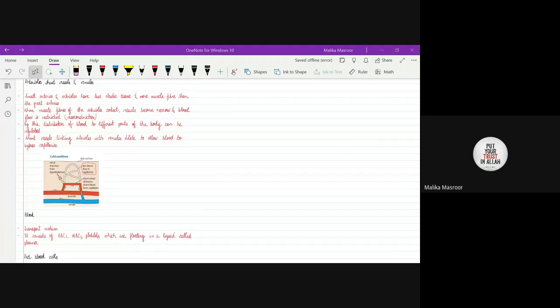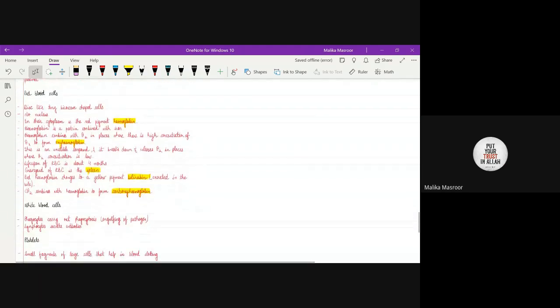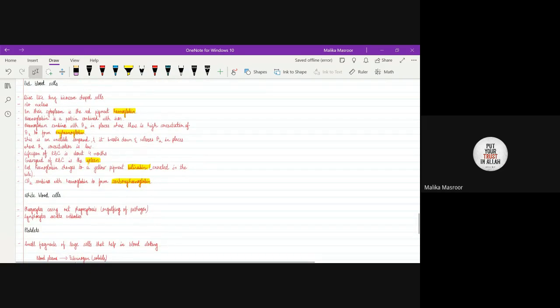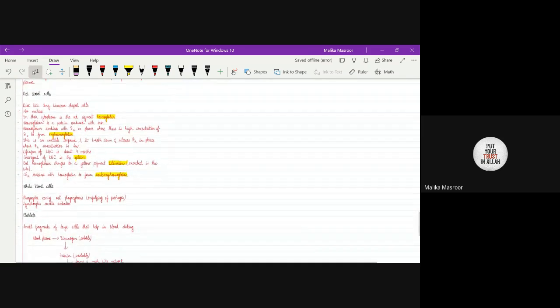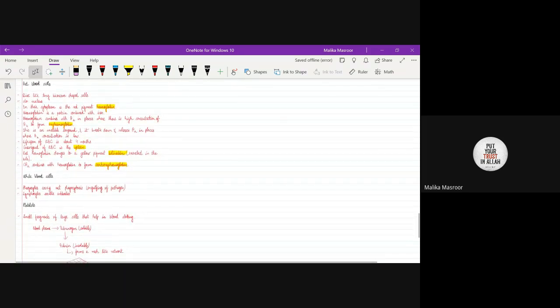Okay, rest of you done? Everyone's done? Alright, let me scroll down. So this is the red blood cells and the white blood cells, platelets. Note this down, please.